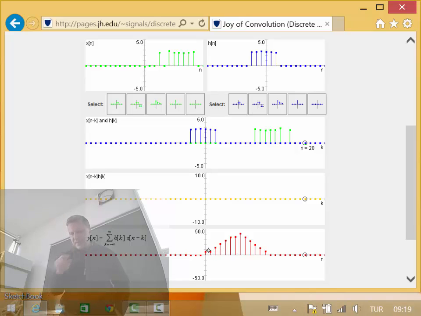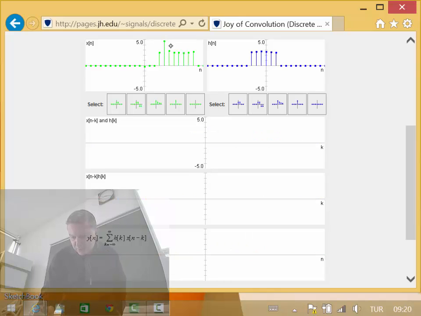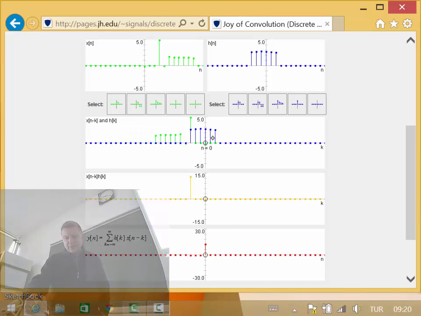It may be a better idea for the scaling purposes to make this impulse taller and make these shorter, like this. Then you will better understand what I'm talking about.